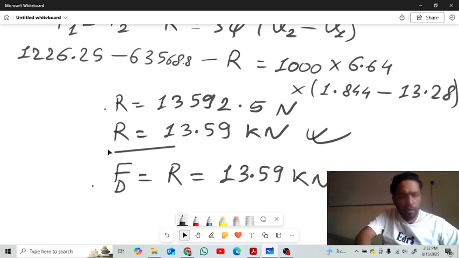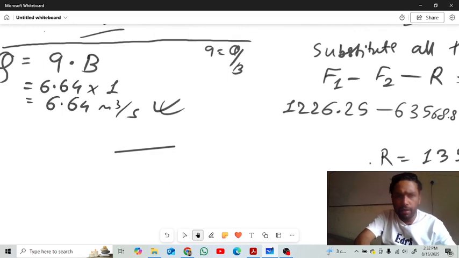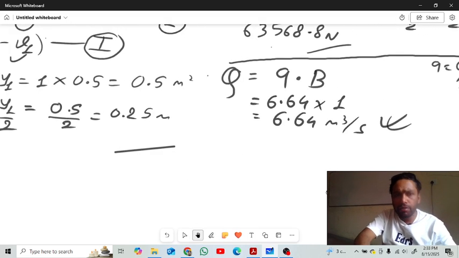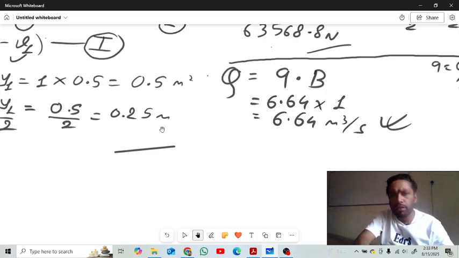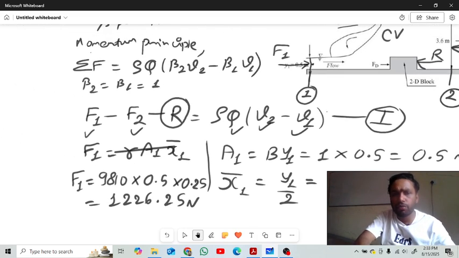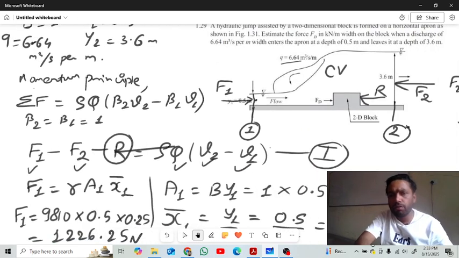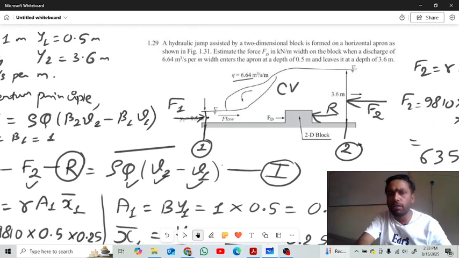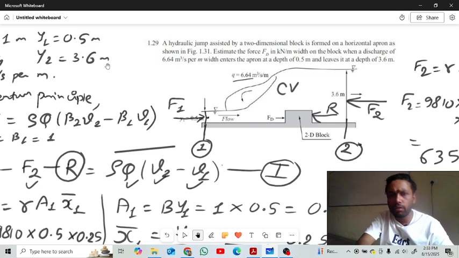You can apply the momentum principle in open channel flow also, just like fluid mechanics. You also have to apply the energy principle in case of open channel flow, but in this question only the momentum principle is sufficient to get the value of force exerted by the flowing water on the concrete block.